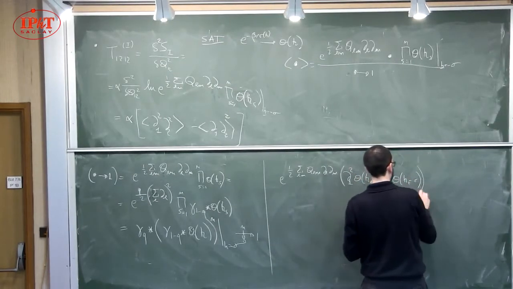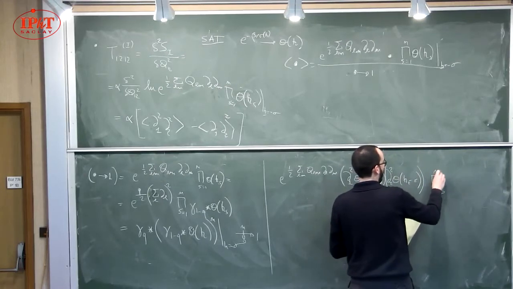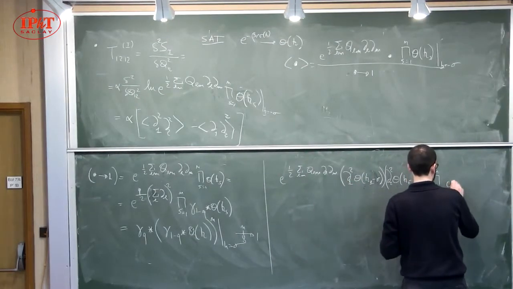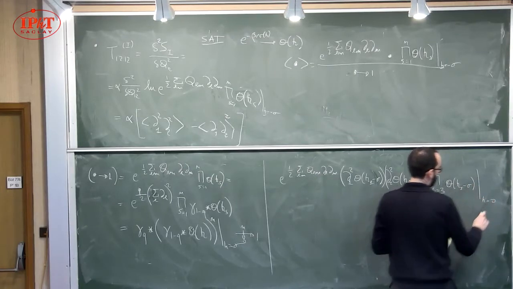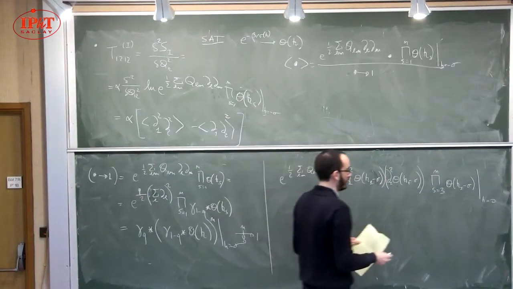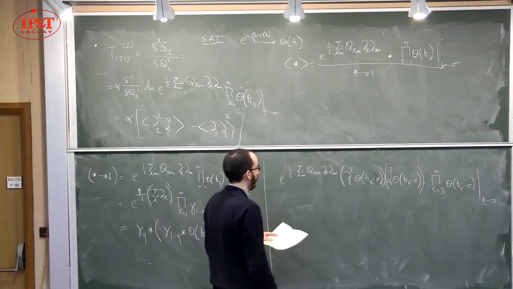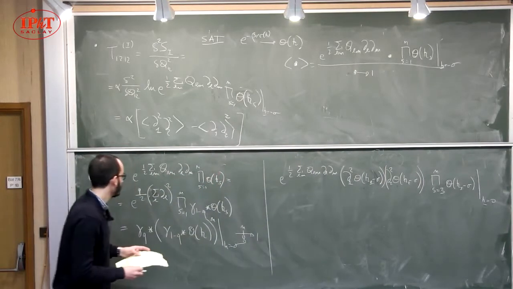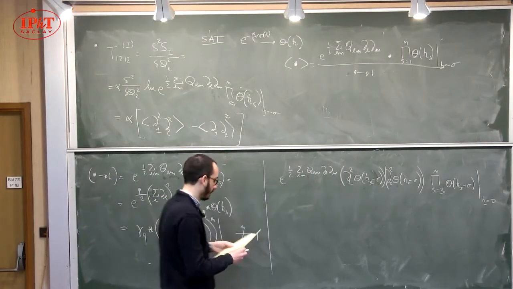This is from 3 to n, right? Because I've already taken the first two. And now I'm computing everything at 0. Okay, it's the same. So now I use exactly the same thing. So I rewrite this operator with the replica symmetric form of Q.